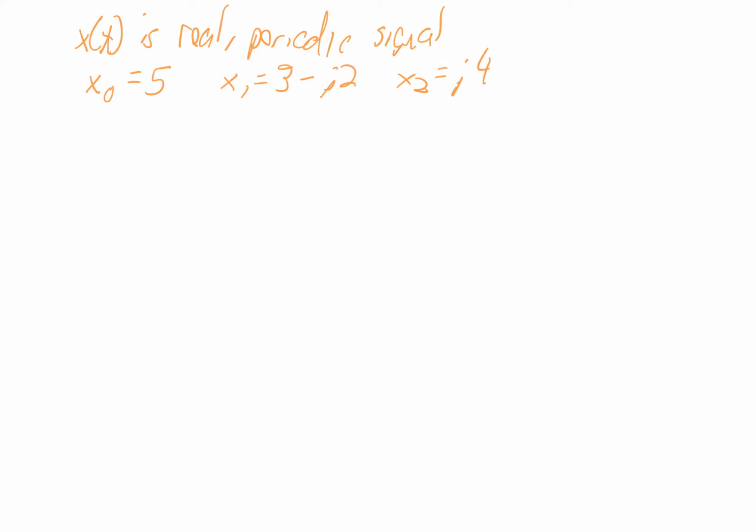Now, since the signal is real, we know that conjugate symmetry applies. So x of minus 1 is equal to x1 conjugate, which is equal to 3 plus j2. And x of minus 2 is equal to x of 2 conjugate, which is equal to minus j4. This conjugate relationship, where you can infer the x at negative indexes from those at positive indexes, only applies to real signals. Now, we'll do as a given that all other x of n are 0.